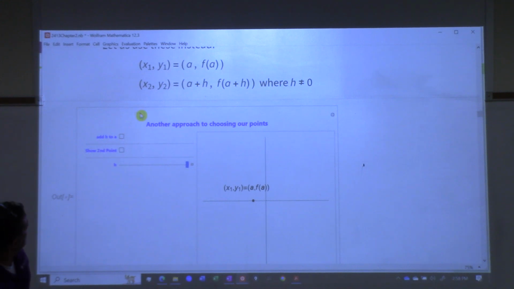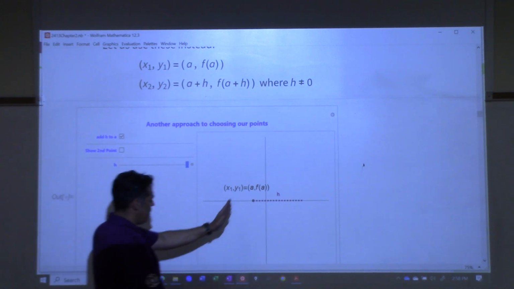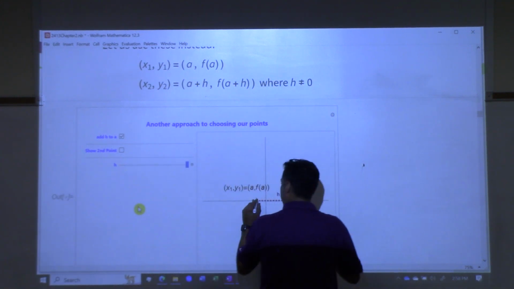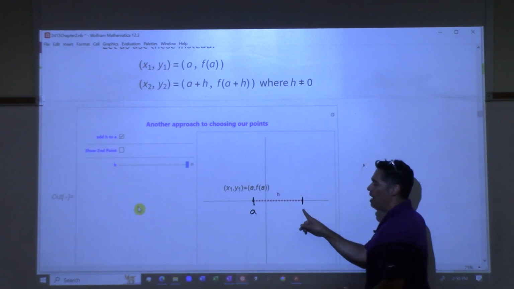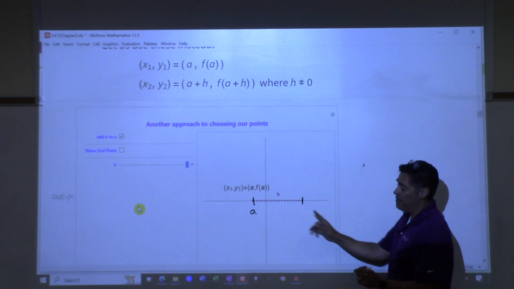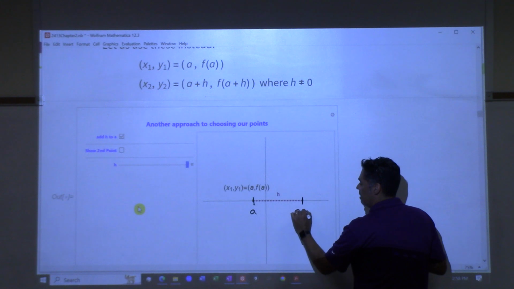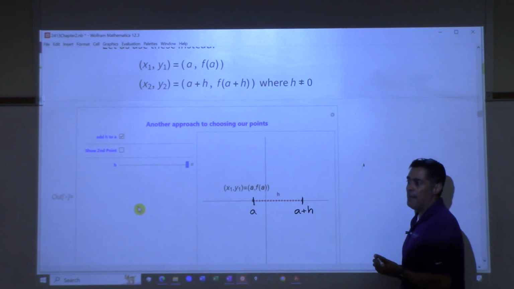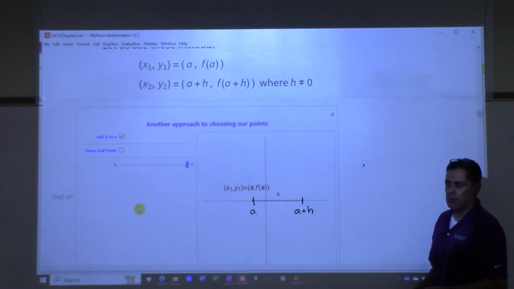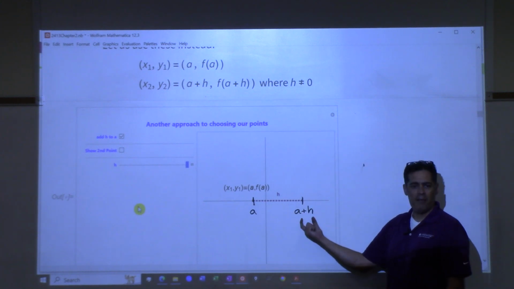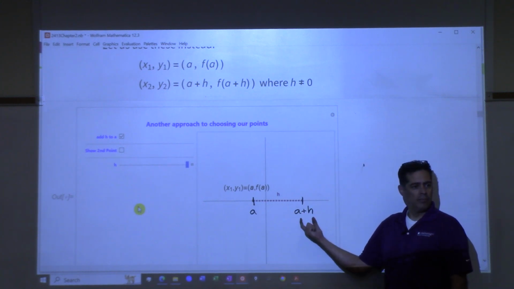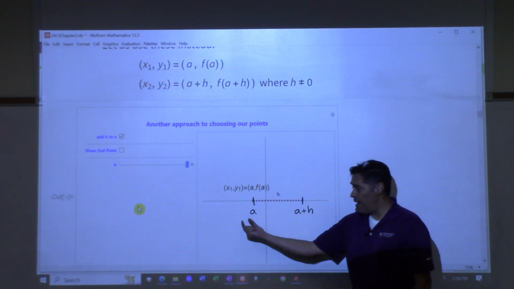I'm going to pick this point A, and then another point over here, but I'm not going to call it X. I'm going to call it A plus some amount. Do you all agree that if this is A, and then I add some H to it, I'll be over here? So that's A plus H.